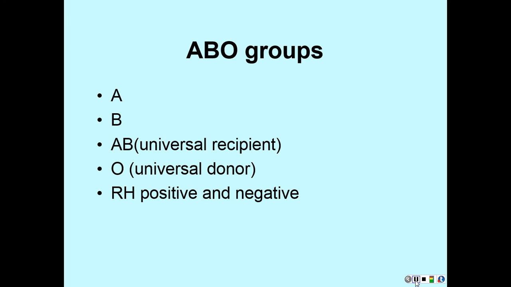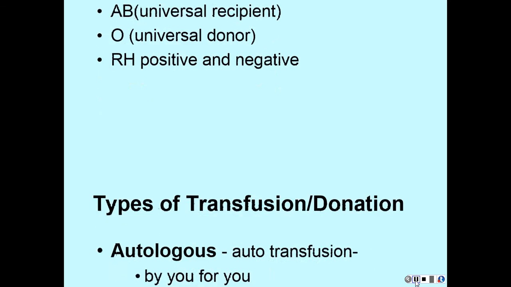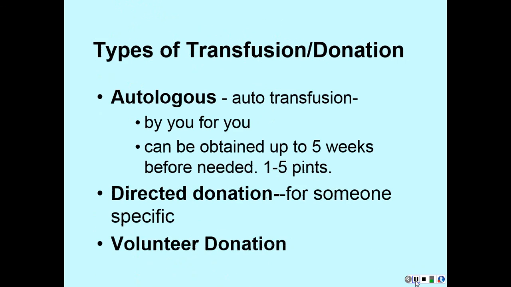So when we're talking about types of transfusions and blood donation, there are different kinds. An autologous donation or transfusion is when you donate blood to be given back to you at some later period. Say you've got a surgery coming up and the physician feels that you're probably going to need to have some blood administered as part of it.